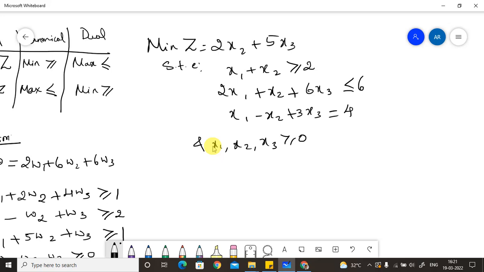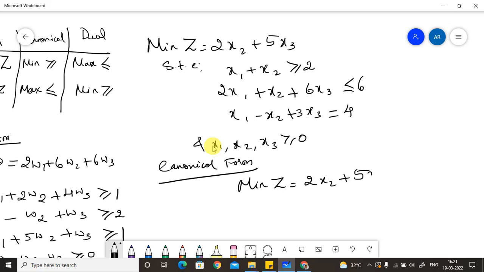Now first of all we have to convert this into canonical form. So what will be the canonical form? This will be minimization only: min z equals 2x2 plus 5x3, subjected to constraints. Now we have to verify that, for a minimization problem, everything should be greater than or equal to.